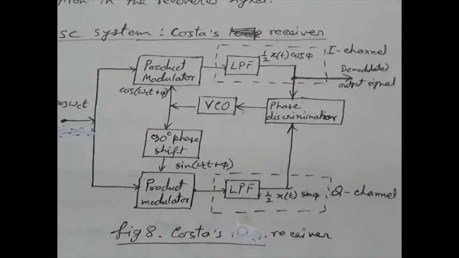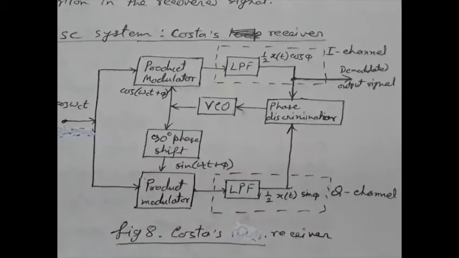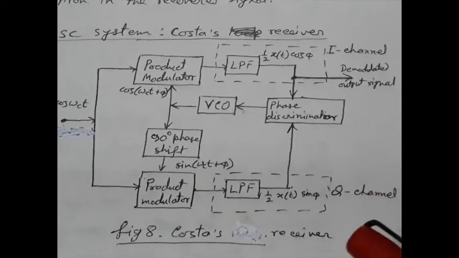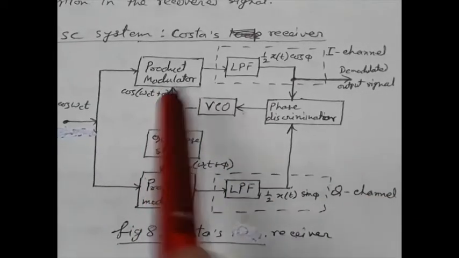Assume that the local oscillator signal, that is the VCO output, is synchronized with the transmitted carrier signal, and for the time being phi equal to 0. So we are assuming first phi equal to 0.